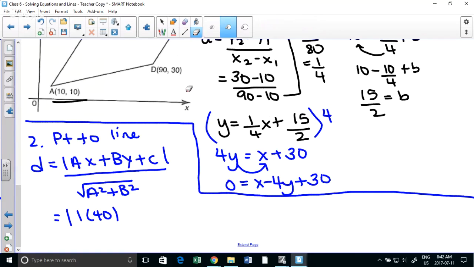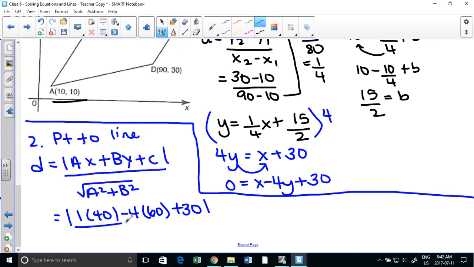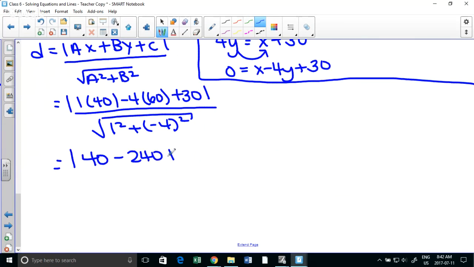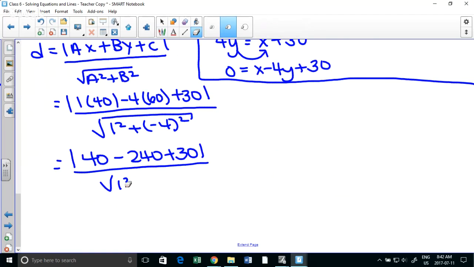B is -4, and we have 60. And C is 30. All divided by the root of 1 squared plus -4 squared. Working this out on the top, I get 40 minus 240 plus 30, divided by the root of 1 squared. Well, 1 squared is just 1, so we're just going to take care of that right now. 1 plus 16.